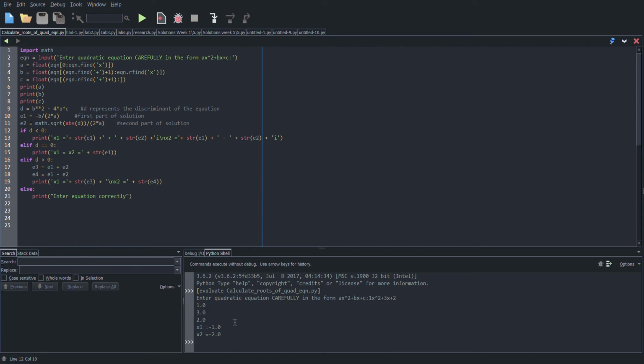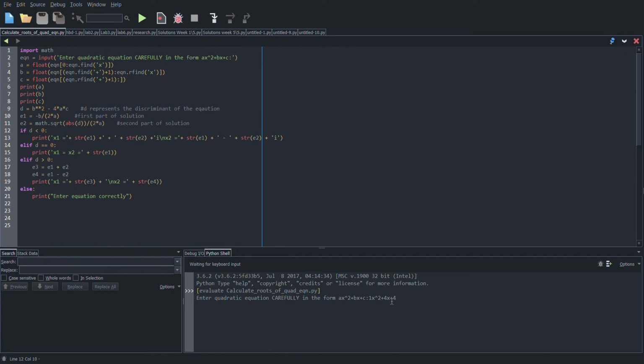Let's try an equation that will give us equal roots. So if we have, let's say, 4 here, and we have 4 here, and we have 1 here, because you know 2 times 2 is 4, right?